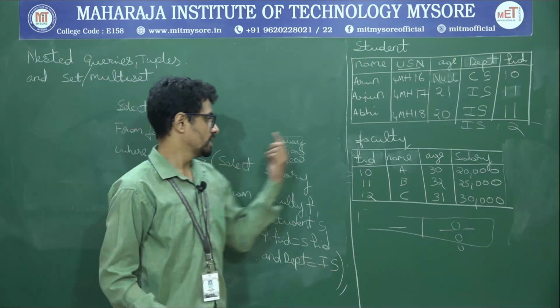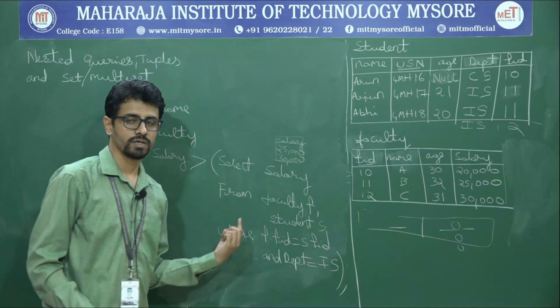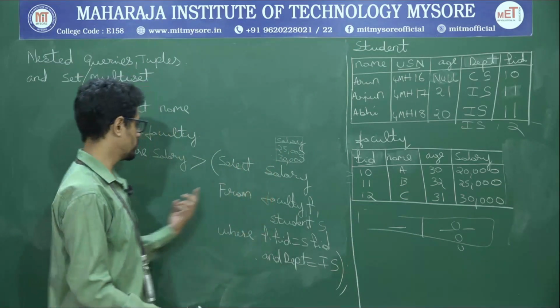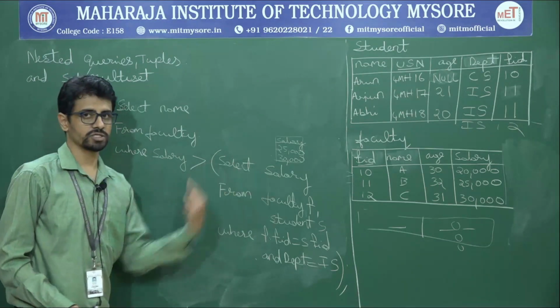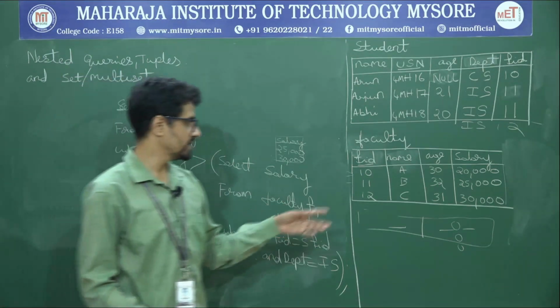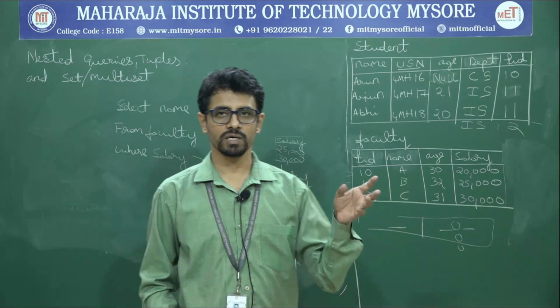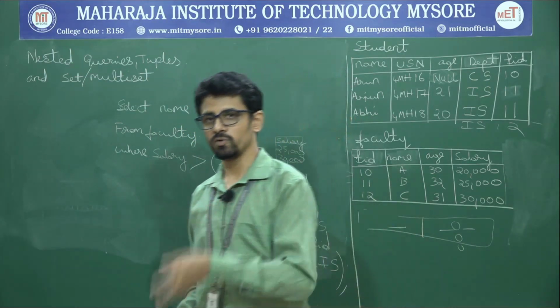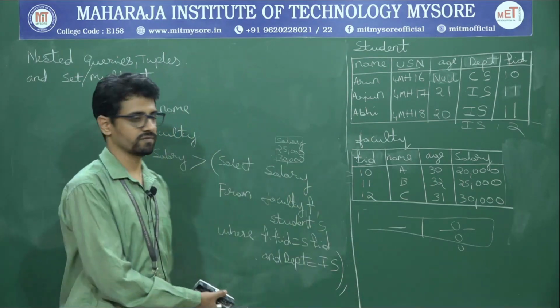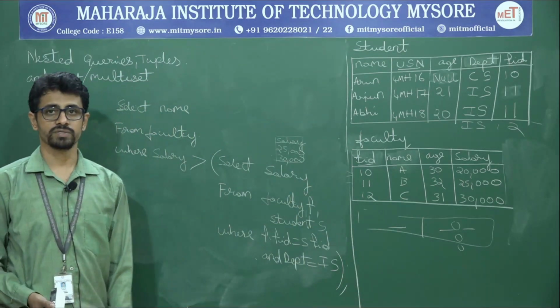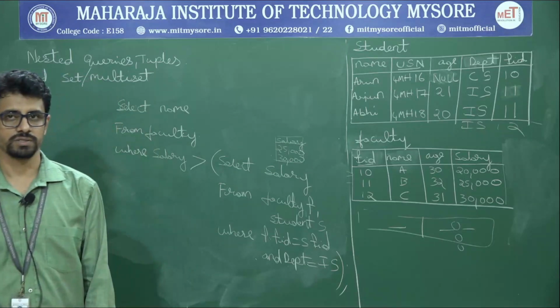Next, 25 is not greater, it is exactly equal. So if you want greater than or equal to, you can use it. 30,000, yes, 30,000 is printed because it is the salary of a faculty above the salary of an IS department faculty, but 30 also belongs to the IS department itself. So this is how you write a nested query when given multiple conditions.